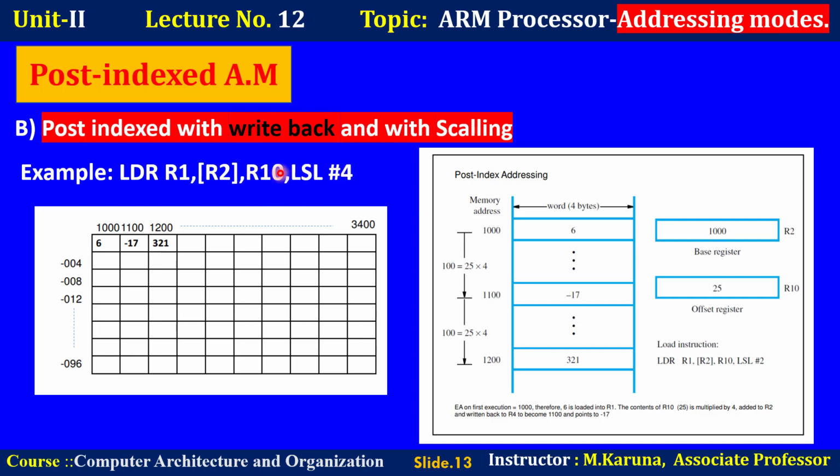After performing the left shift operation, whatever is generated will be added to the address available in the R2 register, which gives the effective address of the data. Whatever data is present at that address will be loaded into R1, the first element.